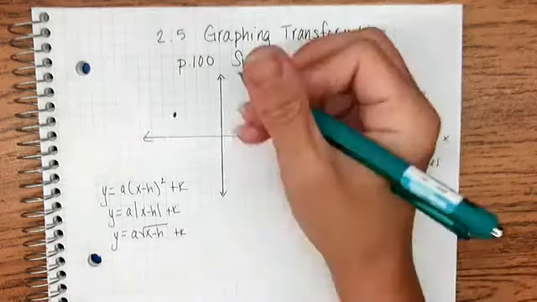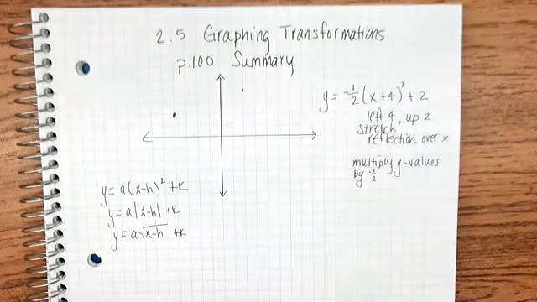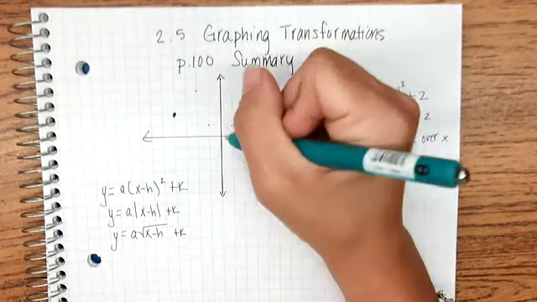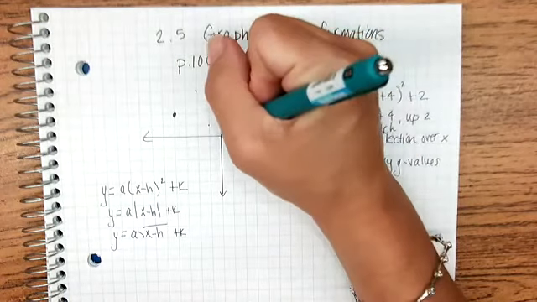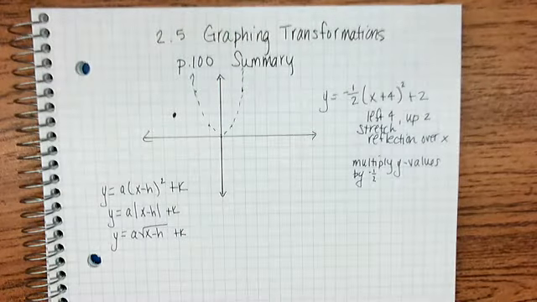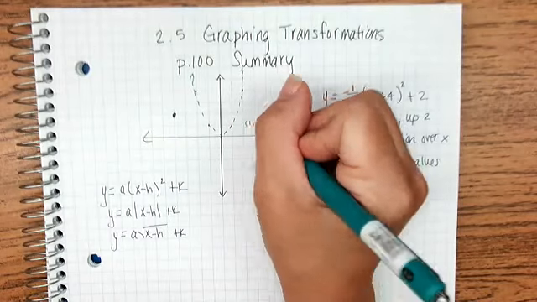I'm going to do a dotted sketch: (1, 1), (2, 4), (-1, 1), (-2, 4). These are your parent points. Again, you do not have to sketch the parent in. For some of you, it might be helpful. So it goes through the point (1, 1).